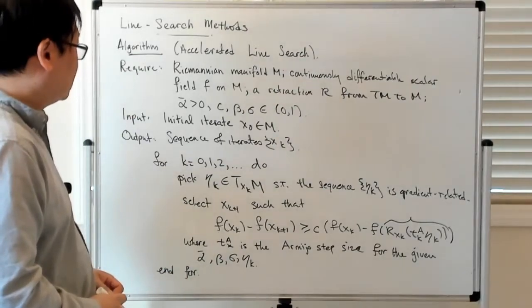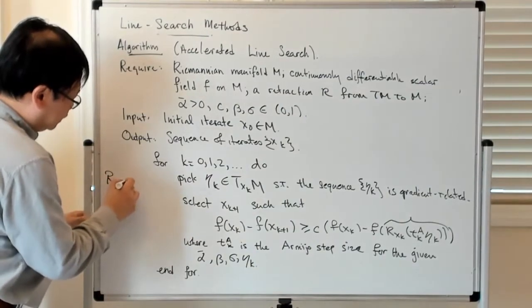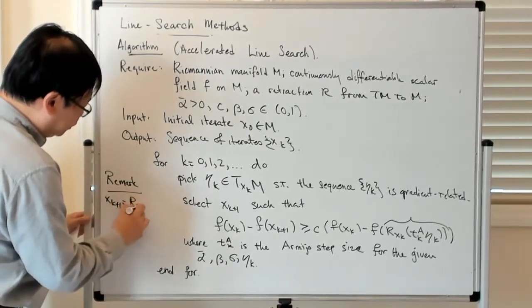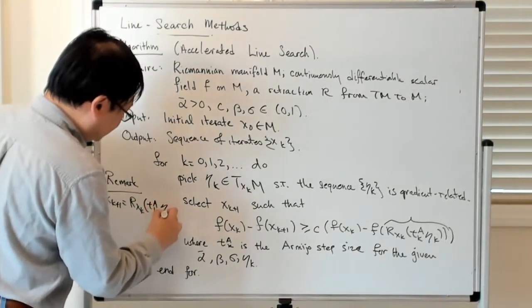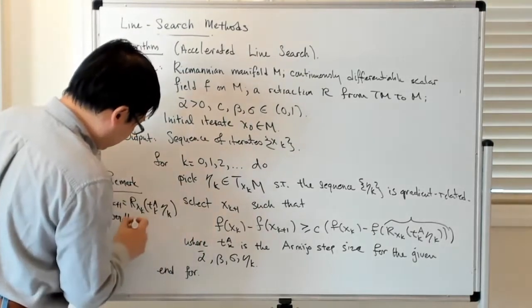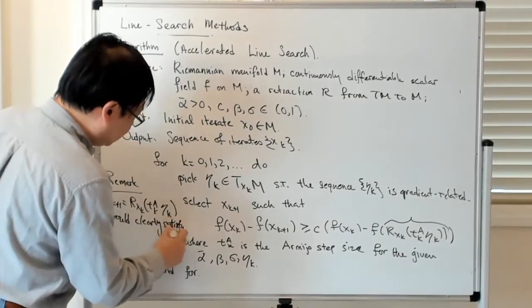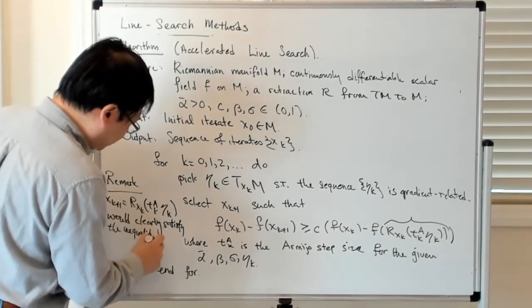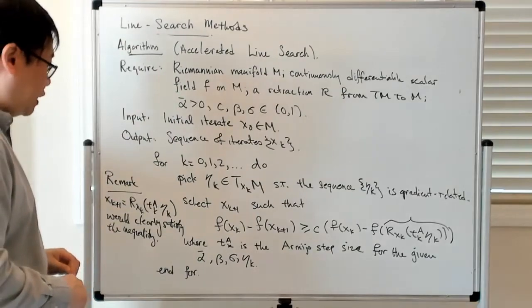So the remark is that xk plus 1 being equal to R_xk of tk Armijo eta k in the search direction would clearly satisfy the inequality, and would be a suitable example of an update.